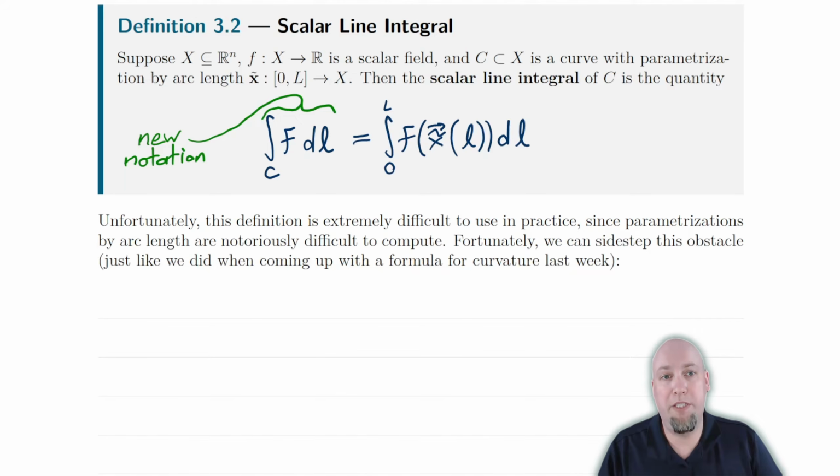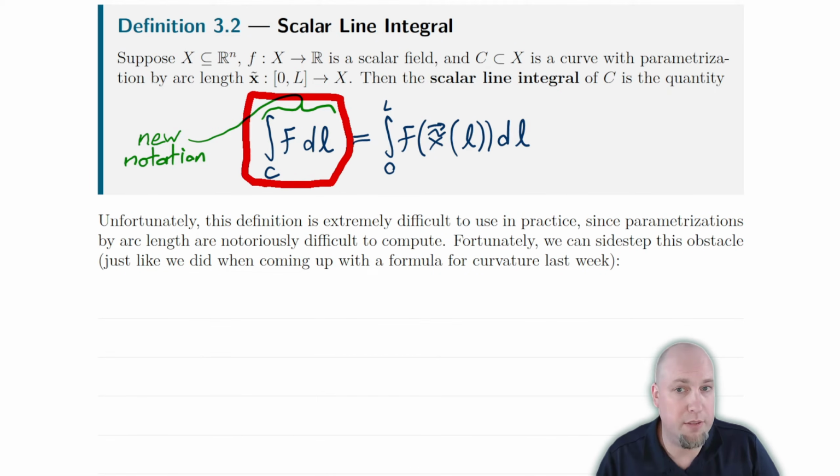Okay, and then what we do is we say, no, we can't just use any parameterization. We can't use any path. We've got to use a parameterization by arc length. But if we have one of those, then great. The scalar line integral of the curve, this is a path independent quantity. It depends on the curve. What it is, well, this chunk on the left is just the notation that we're using for scalar line integral.